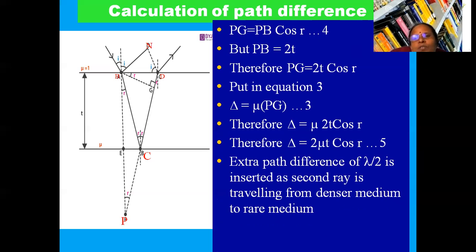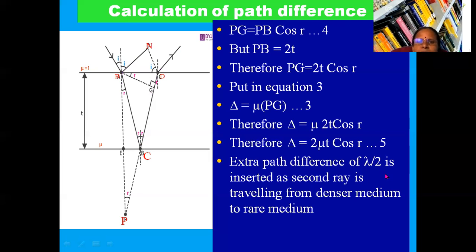Now this extra path difference is added between these two rays because one ray is just reflected in the same medium, whereas another ray is traveling in the denser medium and then transmitted into the rarer medium. In such a case, the extra path difference added between the two rays is equal to half the wavelength of the light.